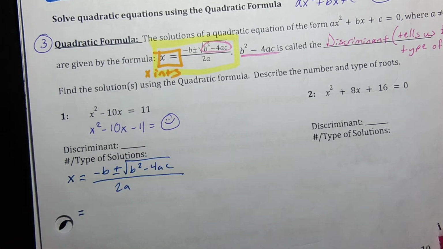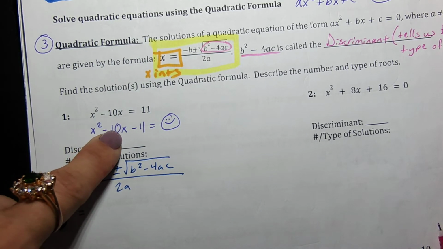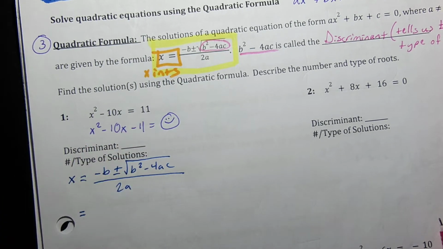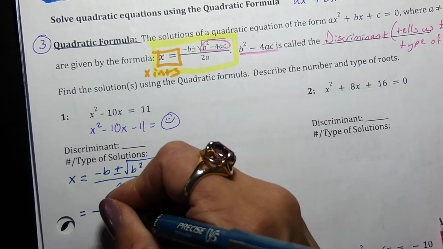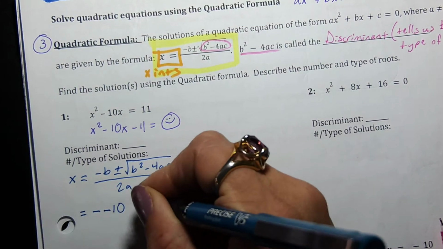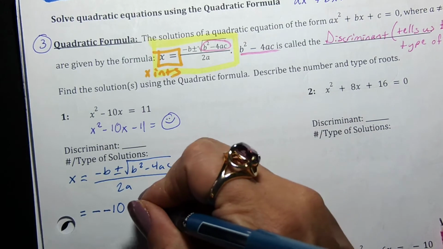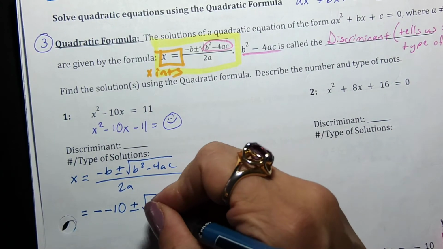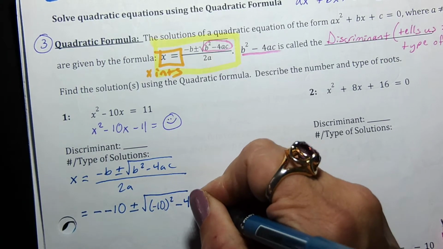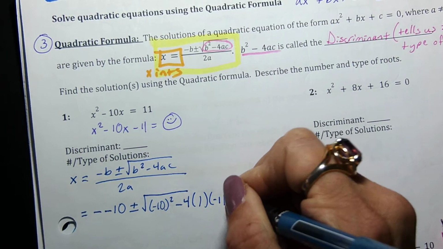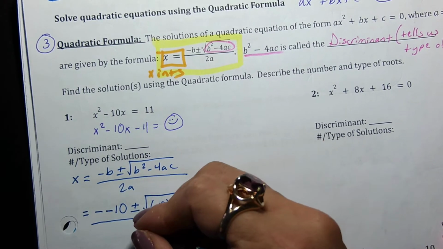So, drawing my A, B, and C values directly from the equation, just like I did with the axis of symmetry, my A value would be 1, my B value would be negative 10, and my C value would be negative 11. So, quadratic formula is negative B, negative 10, plus or minus the square root of b squared, negative 10 squared, don't forget your parentheses, minus 4, or a value of 1, c value of negative 11, all over 2 times 1.